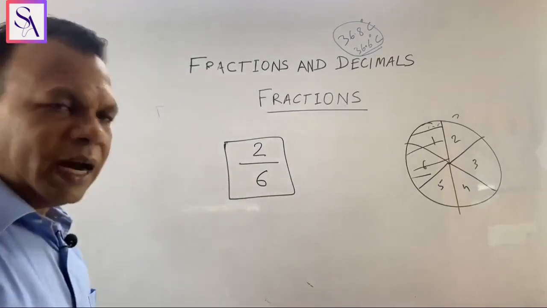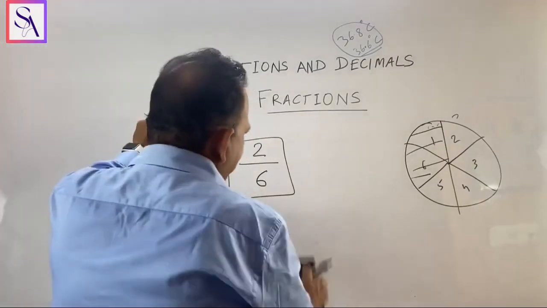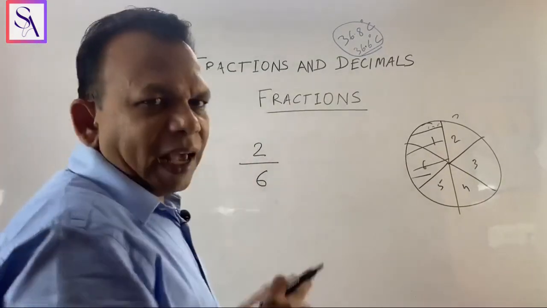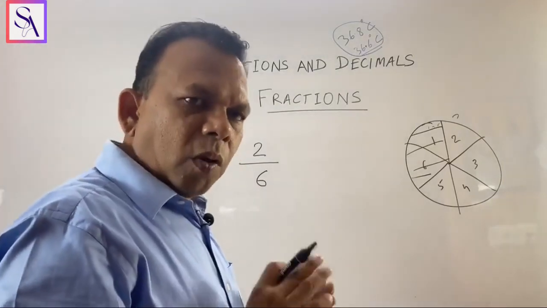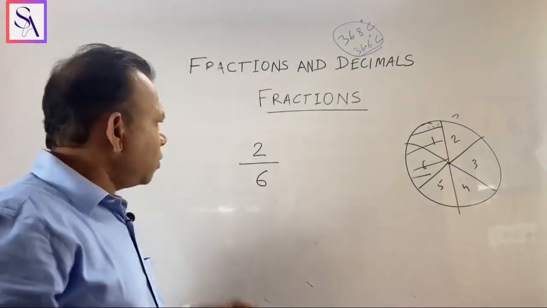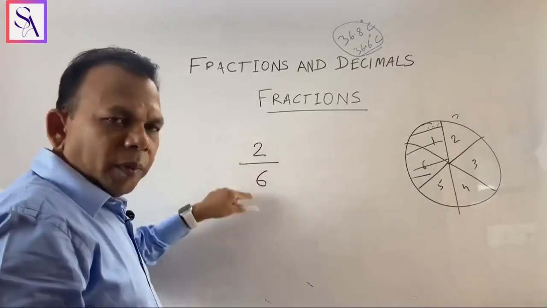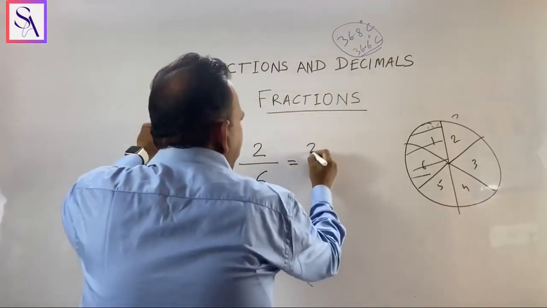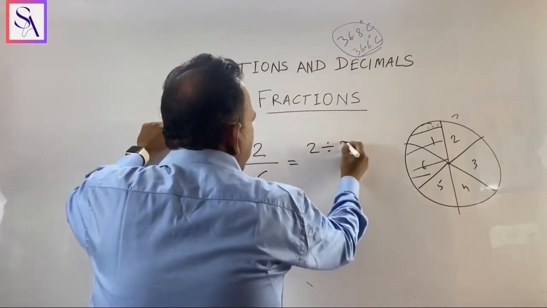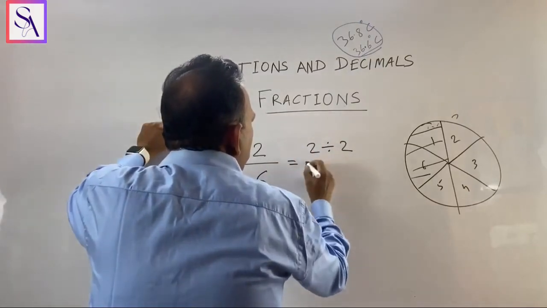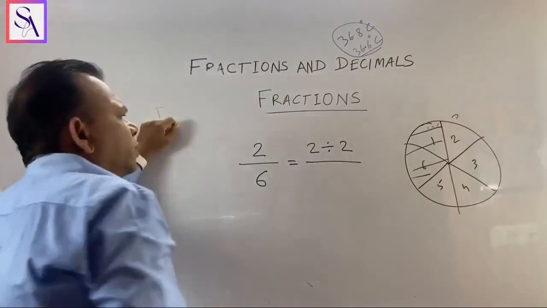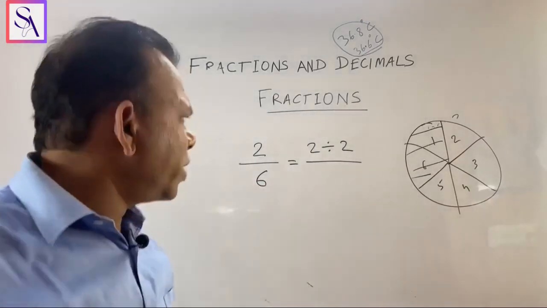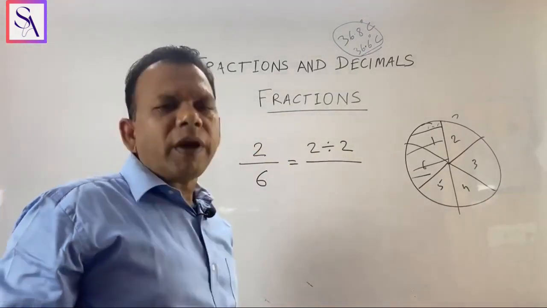So the speciality of this fraction is like this. You can do multiplication or division, both the operation on numerator and denominator. Suppose I want to divide this 2/2, okay?